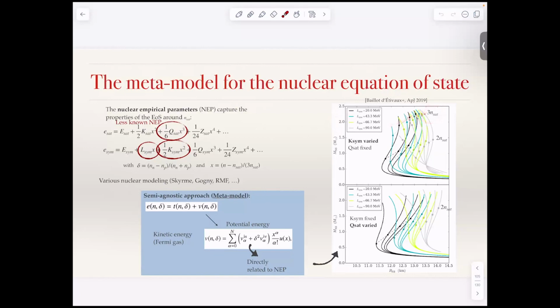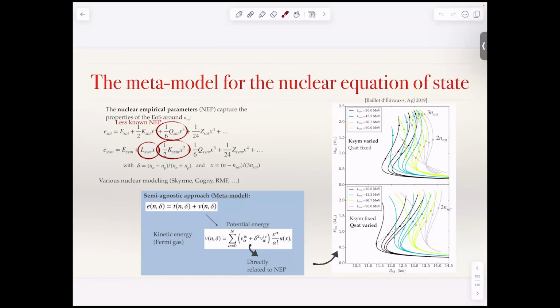So that tells you, for instance, that if you only employ finite nuclei to constrain the equation of state, what you are doing is constraining this region of neutron stars, so very low mass neutron stars, a region where no neutron stars have ever been detected.